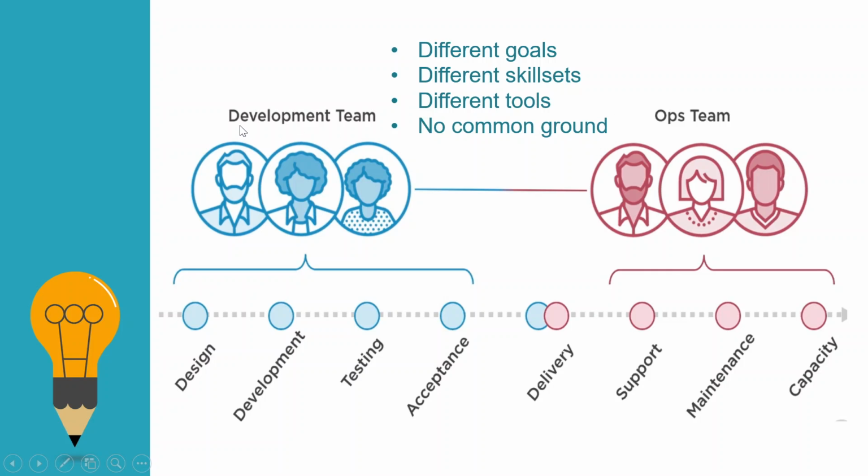So what is the loophole? What is the drawback here? Basically, when comparing the development team with the ops team, they have very different goals. The development team takes care of developing every stuff, and the ops team takes care of maintaining the site. The next thing is different skill sets. Developers know different tools. We are experts in Java, Python, or Golang, and design.